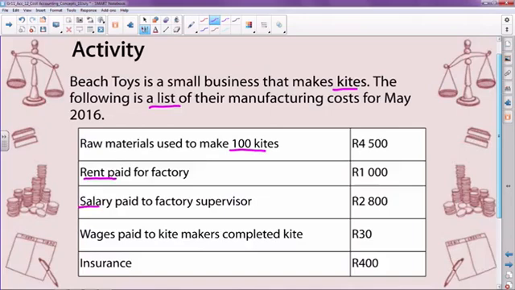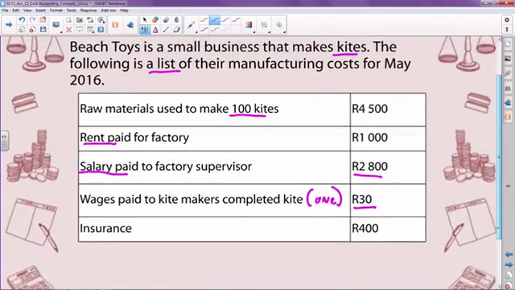You also have been given the salary paid to the factory supervisor, 2,800 Rand. Wages paid to kite makers who completed the kite. So this is obviously the wage paid for one kite, okay, 30 Rand. And then you've got insurance that is paid an amount of 400 Rand.